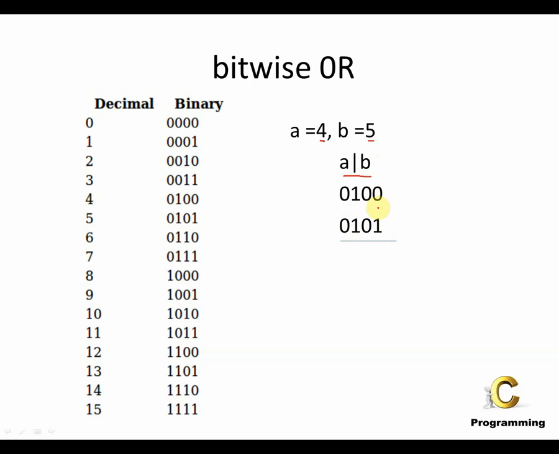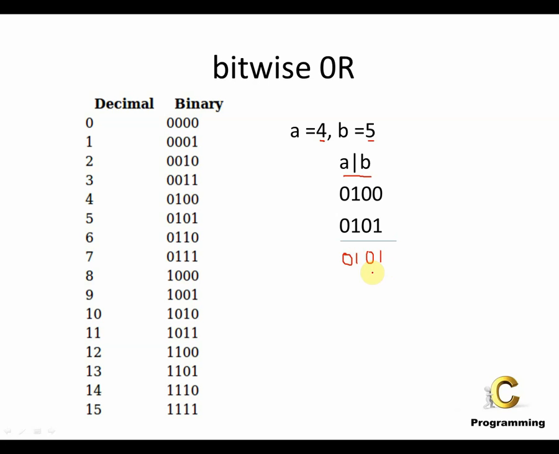So 0 or 1 gives us a 1. 0 or 0 is 0. 1 or 1 is 1. And 0 or 0 is 0. So this is what we get. The final result is 0, 1, 0, 1.